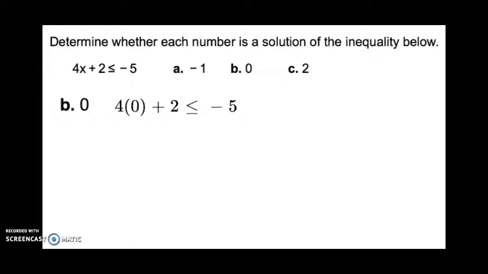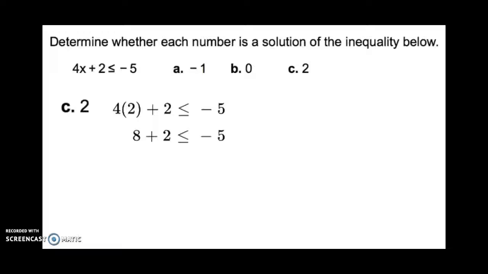For B, we have 4 times 0 plus 2 is less than or equal to -5. So 4 times 0 is 0, so we're just left with 2. So 2 is less than or equal to -5, which also is not true. 2 is greater than -5, not less than, so it's going to be no again for B. Substituting in 2 for C, so 2 times 4 plus 2 is less than or equal to -5.